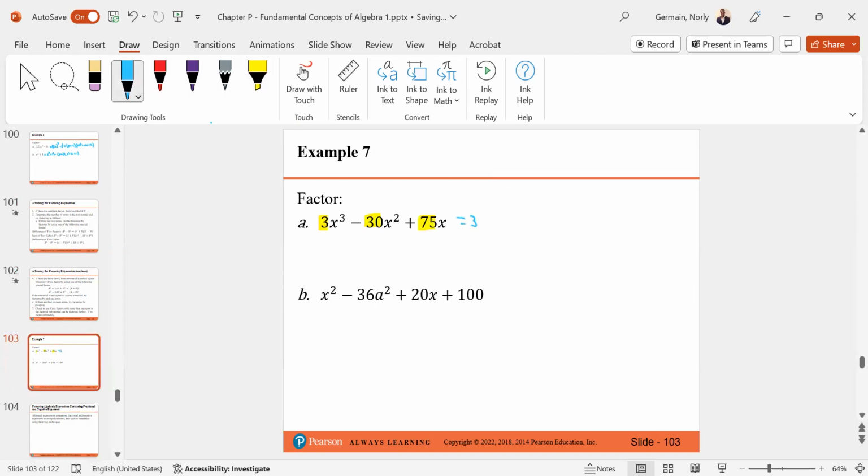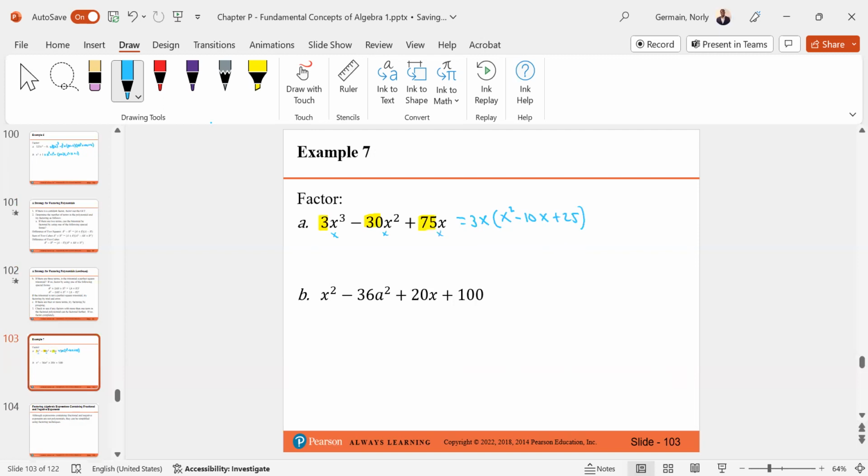I see there is an x in each of them. Always factor out the GCF. So if I factor out 3x, what do I have left from the first one? Yes, x squared. If I factor 3x from negative 30x squared, I have left negative 10x. 75? Yes, 25.